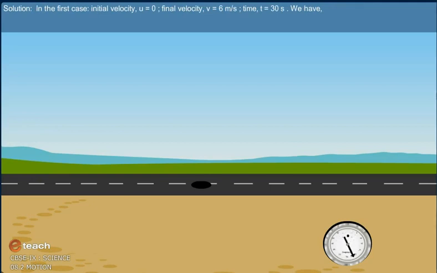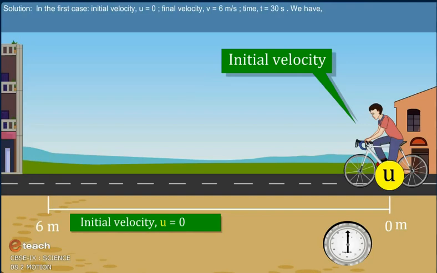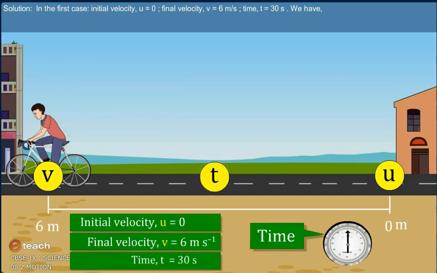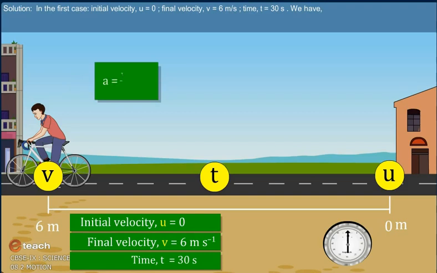Solution: in the first case, initial velocity u is equal to 0. Final velocity v is equal to 6 meter per second. Time t is equal to 30 seconds. We have a is equal to v minus u divided by t.